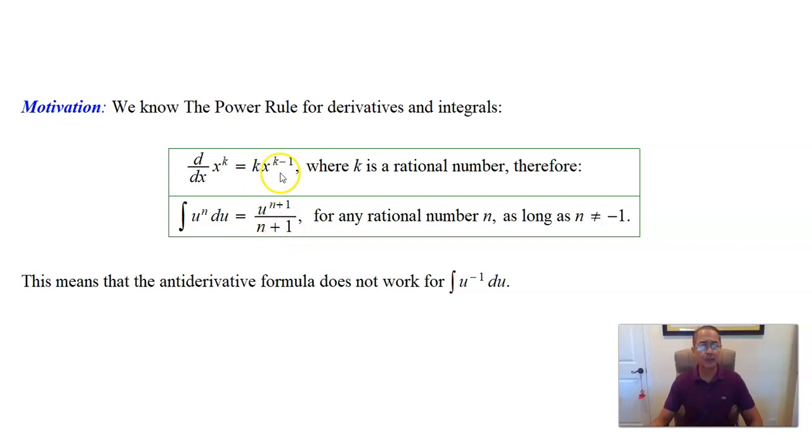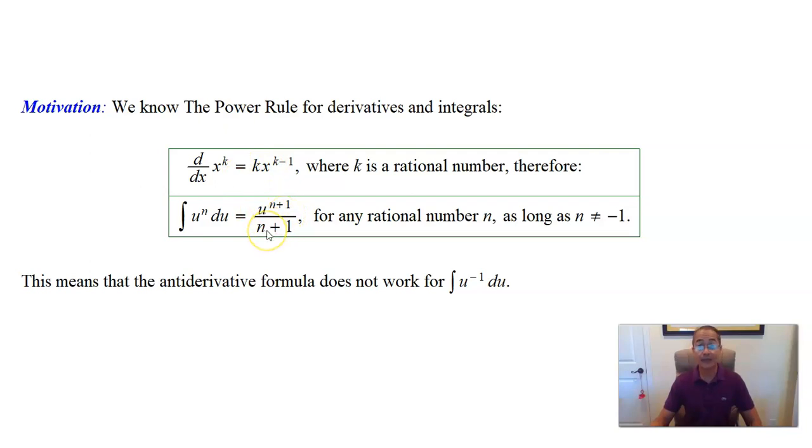It comes from this: if you divide both sides by k, then the derivative of x to the k over k is x to the k minus 1. So we'll get an antiderivative for x to the k minus 1. Replace k with n plus 1, and you will get this antiderivative formula.